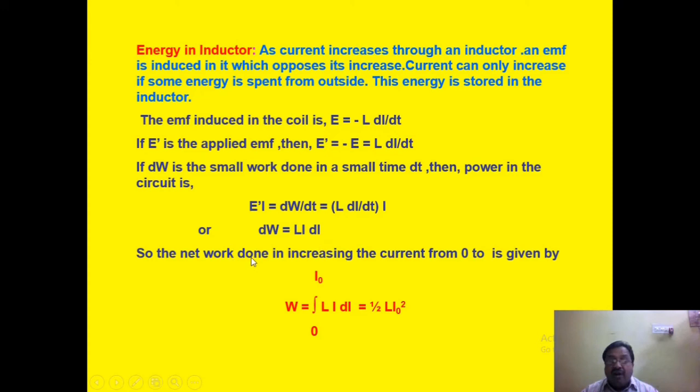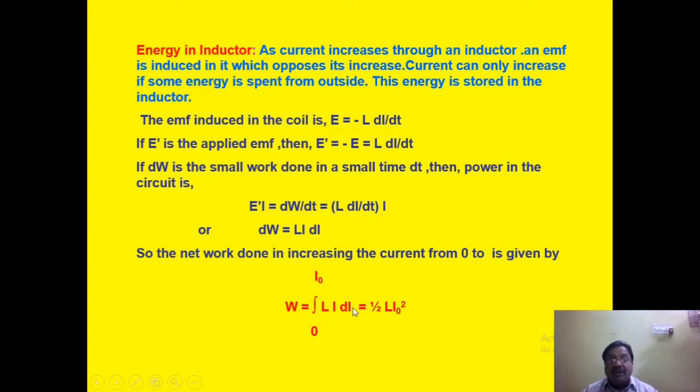Now, to find the net work done to increase the current from 0 to some maximum value I0, you just integrate this expression. Integrating dW, you will get W. Right hand side Li di will be integrated from 0 to maximum current I0.